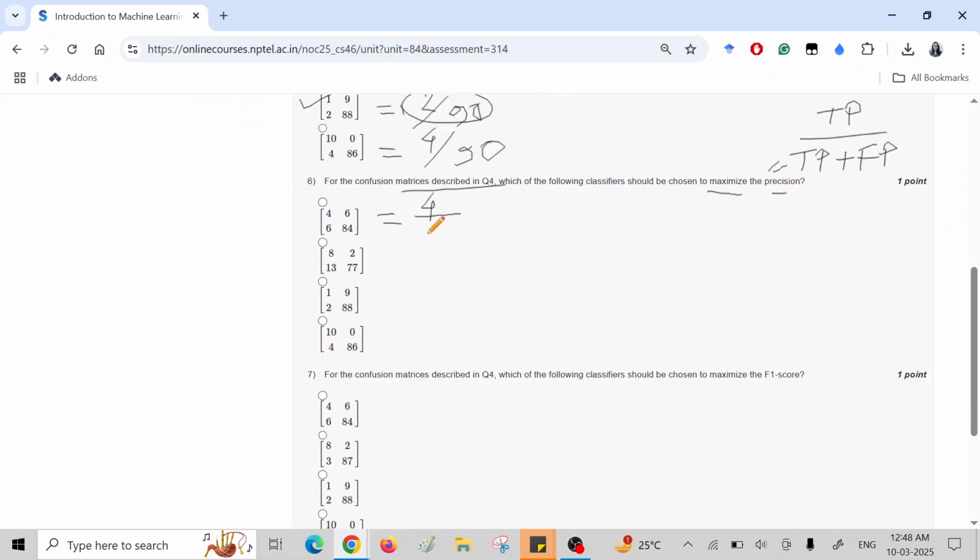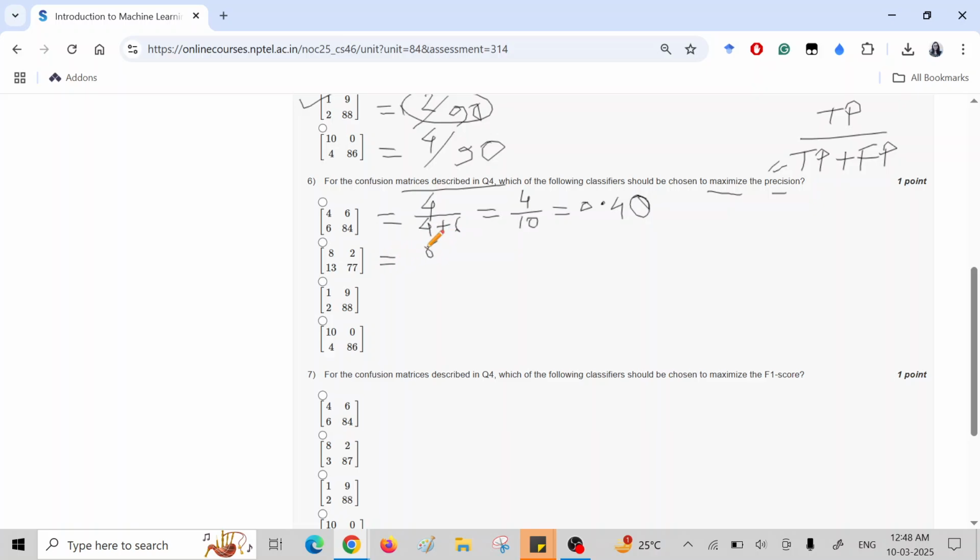So we have to concentrate on the first column. 4 plus 6, correct, which is equal to 4 by 10, which is equal to 0.40. Here we are taking the decimal value for comparison, because the first column for each and every classifier is different, right? The denominator will not be the same.